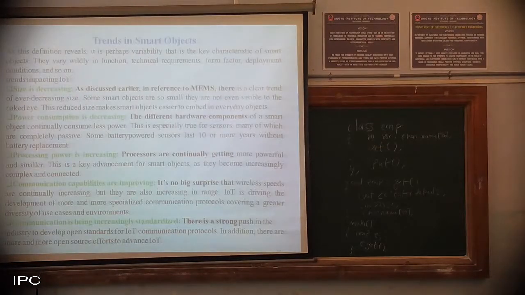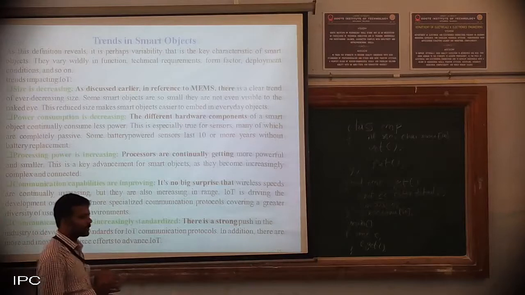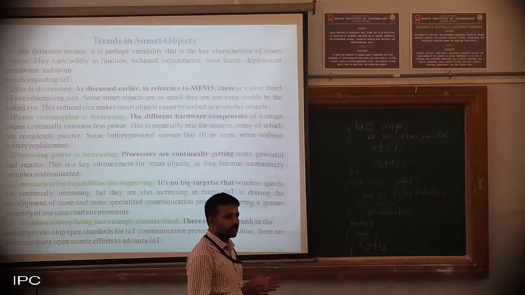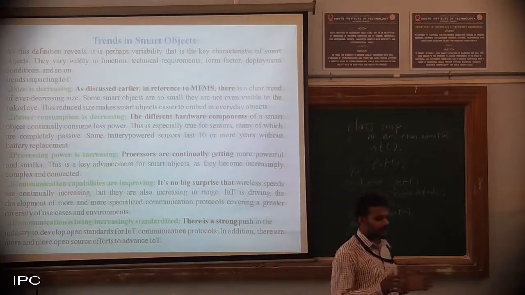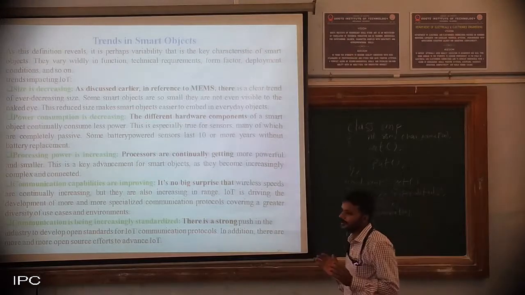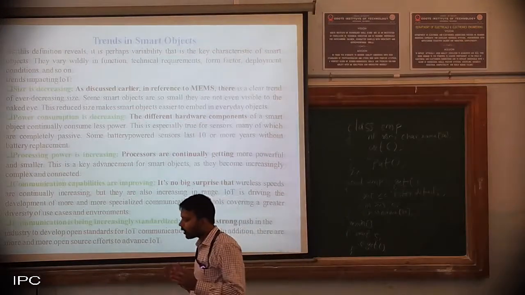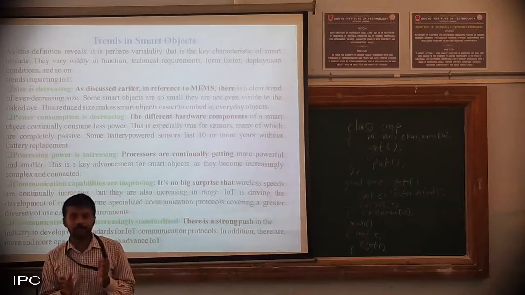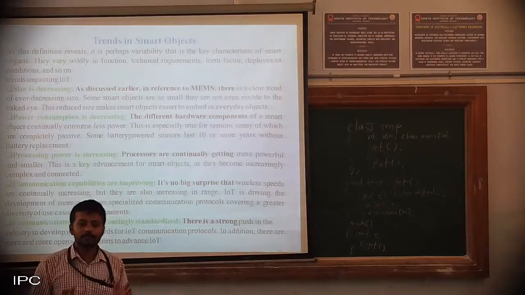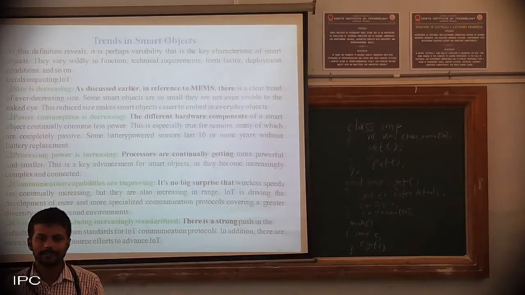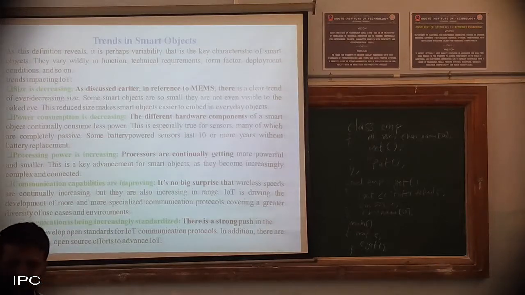And then, trends in smart objects. What are the trends existing at present related to smart objects? The main trend is that size should be decreasing. If you want to design any smart object for a particular application, you should always target a small size or micro size.